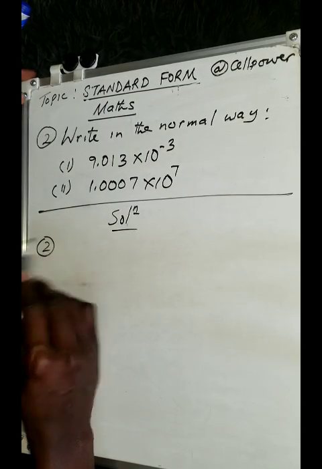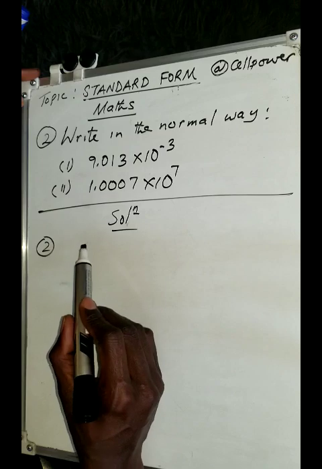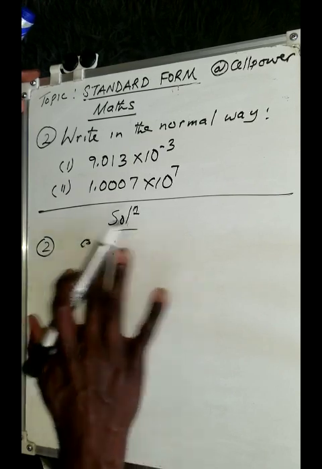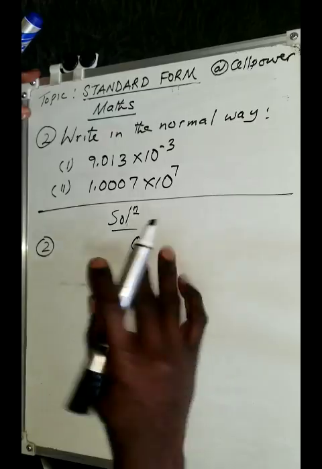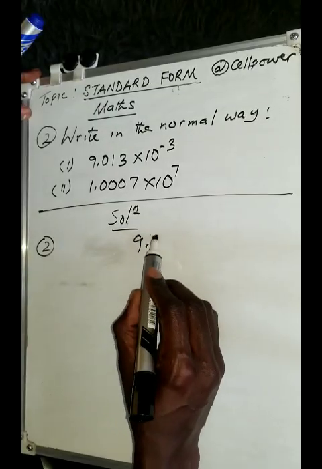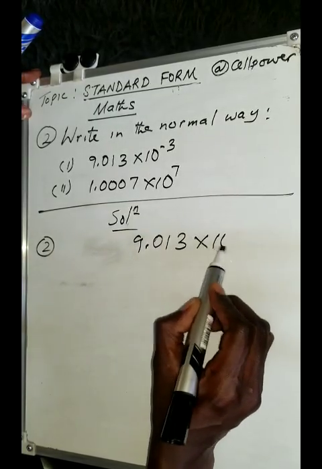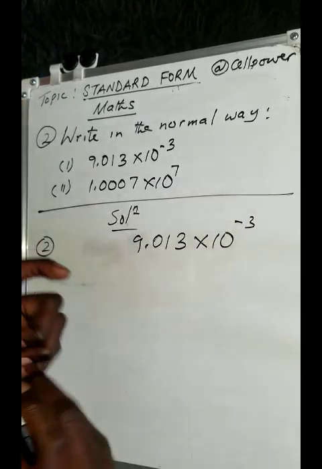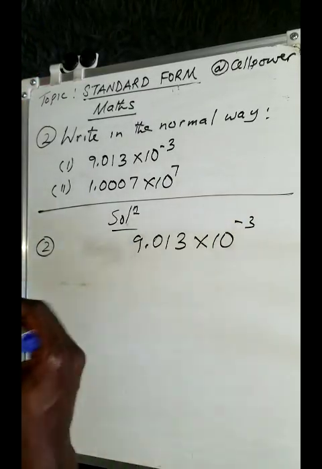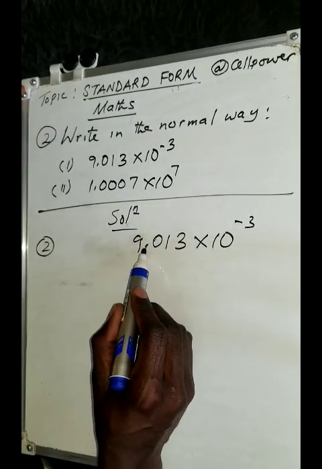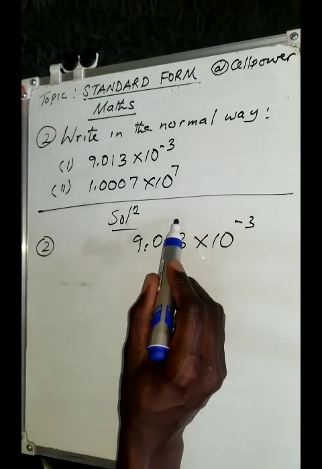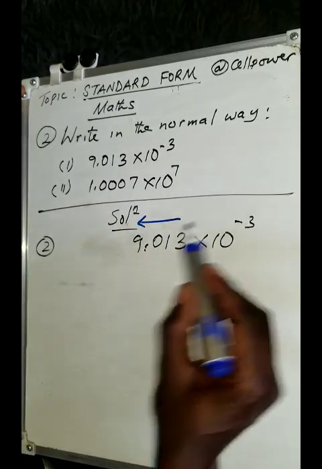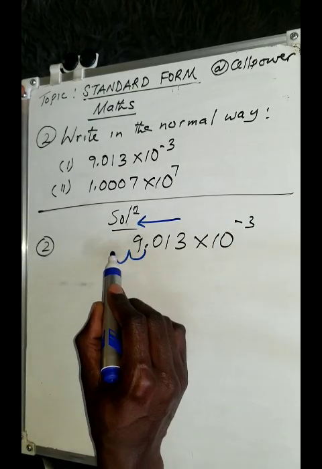So we look at the solution to question number 2. In a normal way, I've got 9.013 times 10 raised to the power negative. Remember, that is raised to -3, meaning the decimal point should be moving to your left now. So you move it how many times to your left? 3 times, because of that negative, so it will be 1, 2, 3.